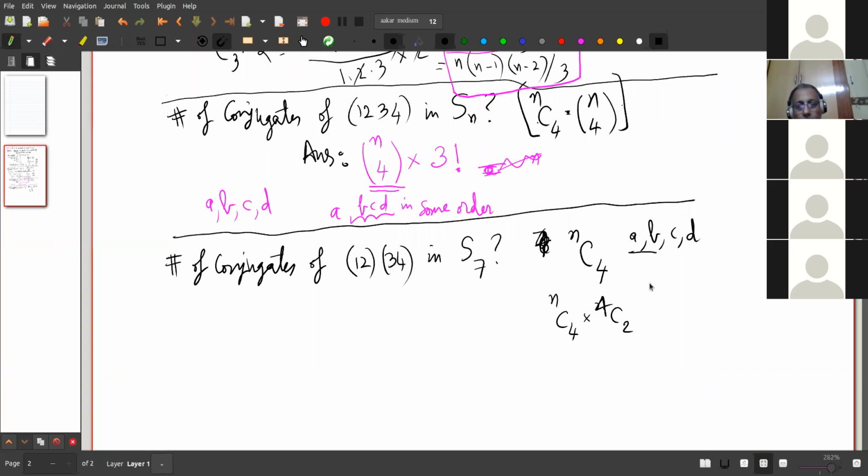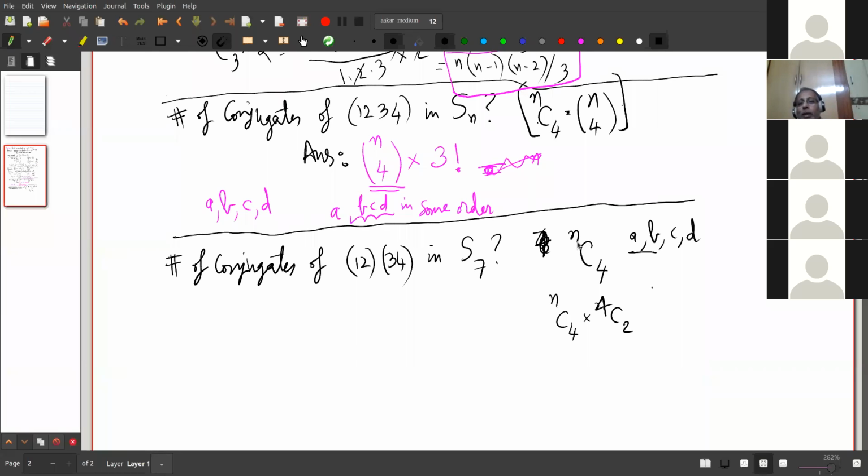I agree with this answer. Are we all confident? 2 into 4 combination 2. Sorry, say that, sir. I think a factor of 1 by 2 will be there. Why? Because in 4 combination 2, I'm selecting 1, 2 one time, and another time I'm selecting 3, 4. Right.